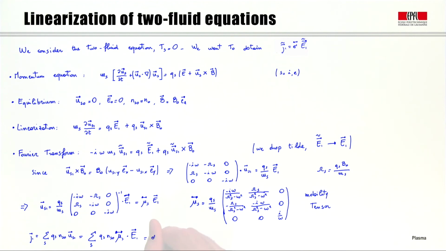This quantity here is actually a tensor sigma times E1. We have in fact obtained exactly the relation we were looking for, and sigma, by the way, is the conductivity tensor.